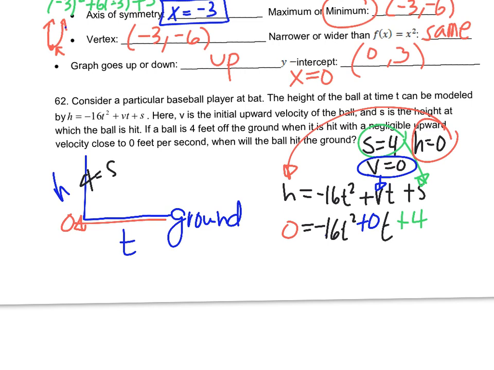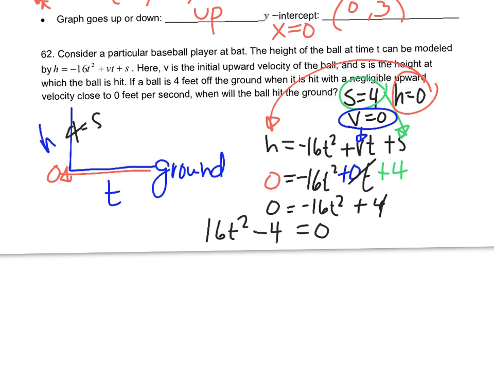So now what we have is 0 equals negative 16t squared, this cancels out, plus 4. Now, I don't really like that 16 being negative, so I'm going to move it to the other side. But that means the 4 is going to come with it, and I'm going to have 0.